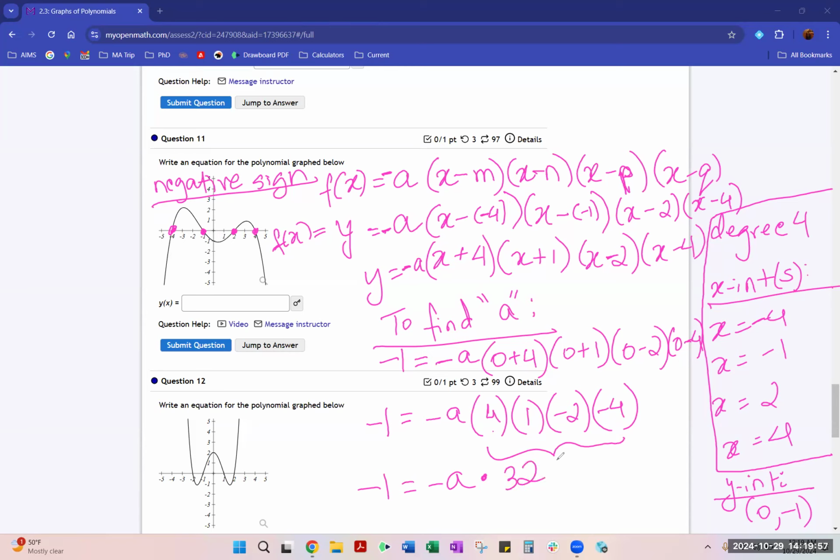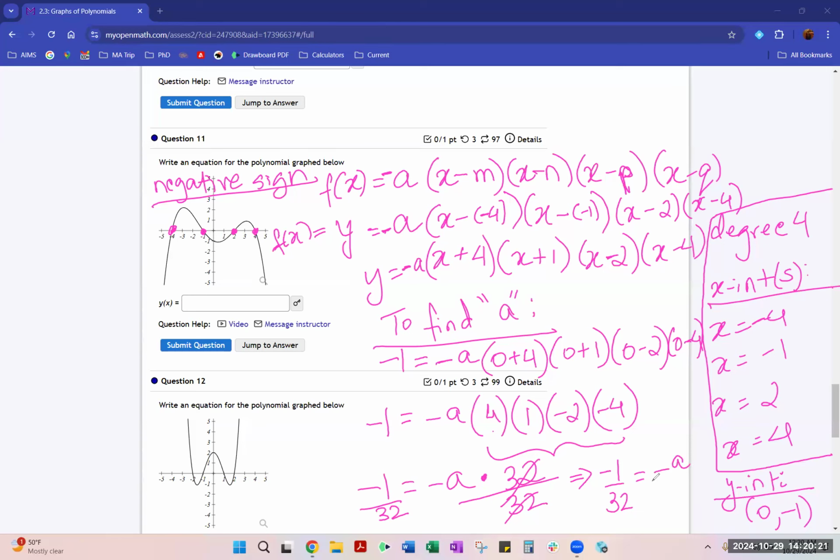So you end up with 32 when you multiply all 4 of those numbers on the right-hand side, which is still being multiplied with -a. So go ahead and divide both sides by 32, since we are interested in finding just the value of a by itself. And you will see we end up getting -1 over 32 is equal to -a.